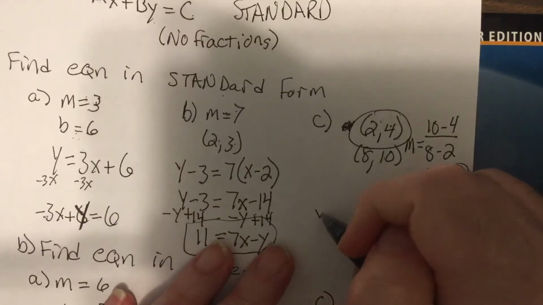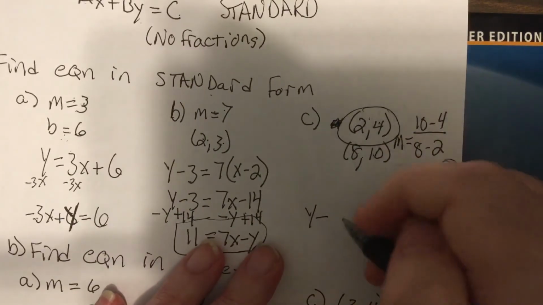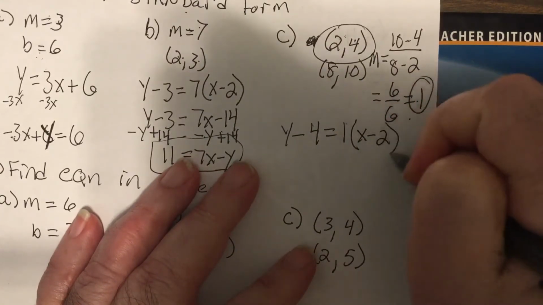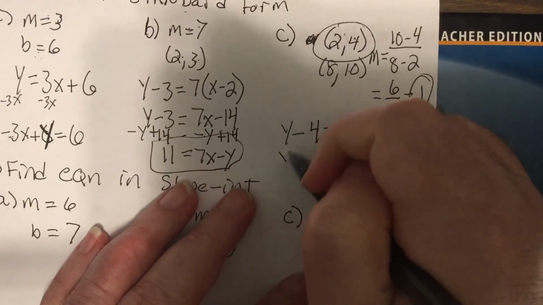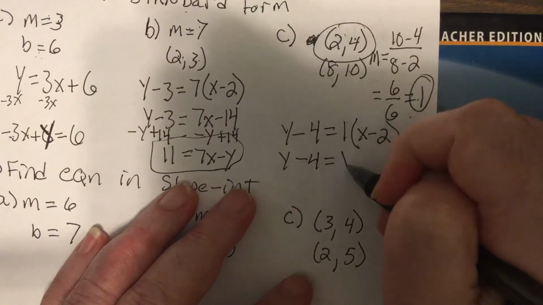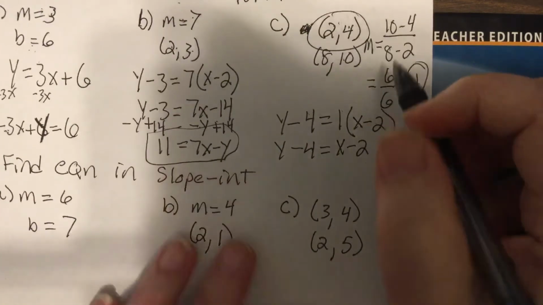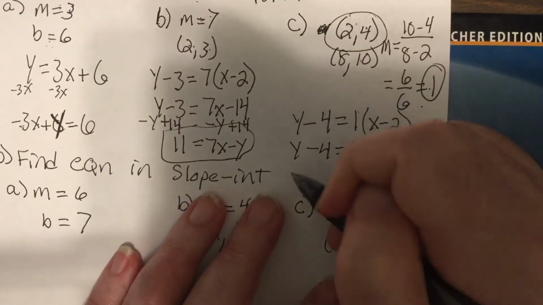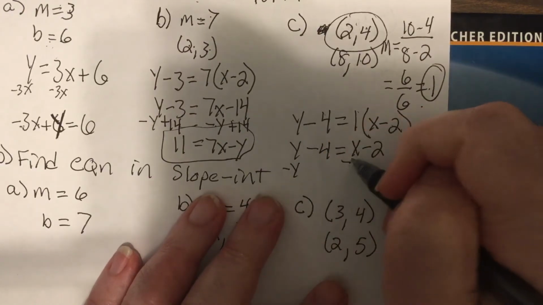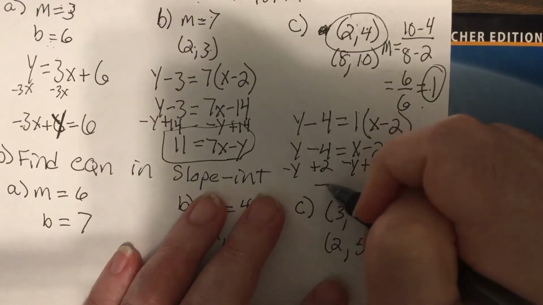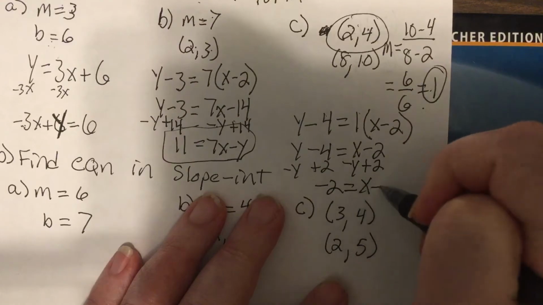So y minus the y number equals the slope, x minus the x number. So y minus 4 equals 1, distributed, it's just x minus 2. Now for standard form, I want to get x and y on one side, numbers on the other, so I'm going to subtract y and add the 2. So I'd have negative 2 equals x minus y.